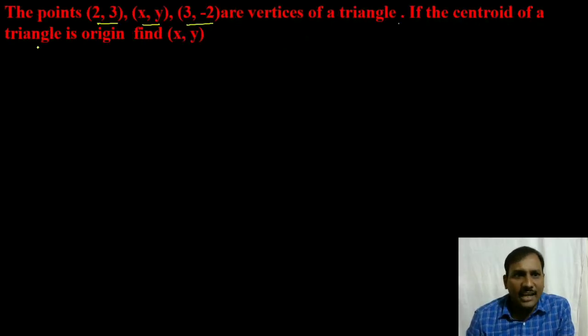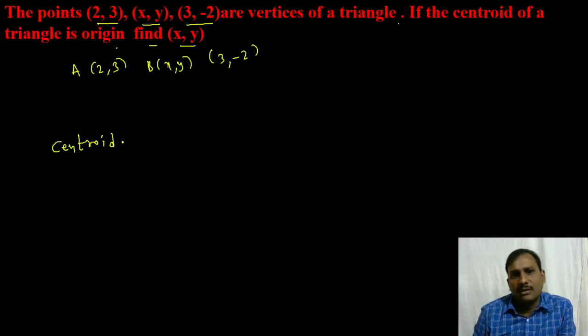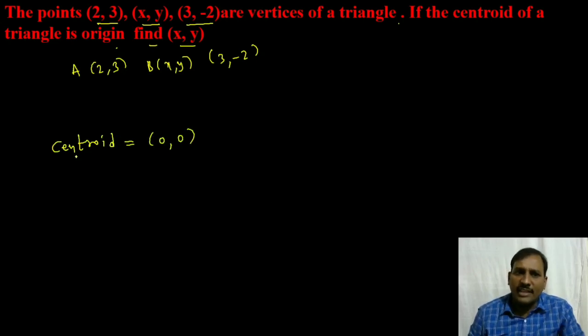Next, (2, 3), (x, y), (3, minus 2) are the vertices of a triangle. If the centroid of the triangle is the origin, then find x, y. So they have given 3 points which are the vertices of a triangle, and they have given that the centroid is equal to the origin. Origin means 0, 0. So the centroid is 0, 0. That is the origin.